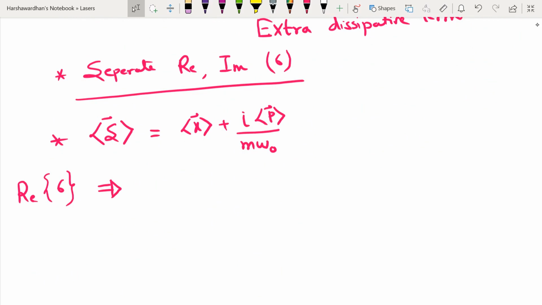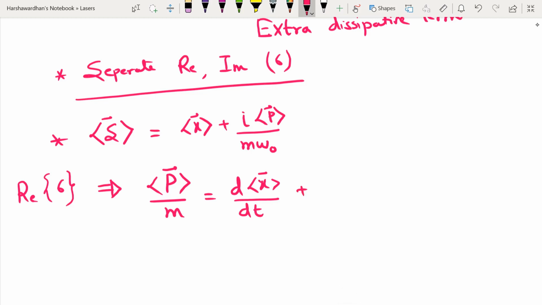I'm simply writing down the result. Now these are all average quantities. P by m is d by dt of x plus gamma c x.